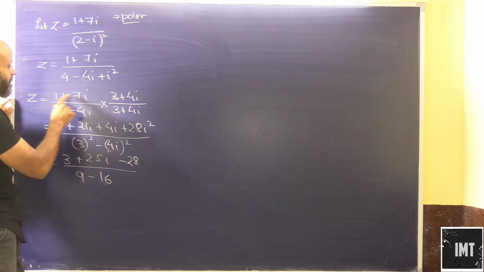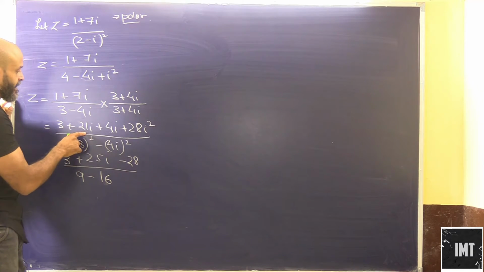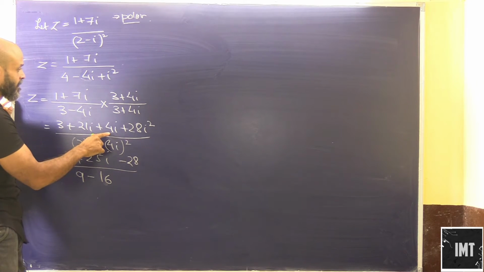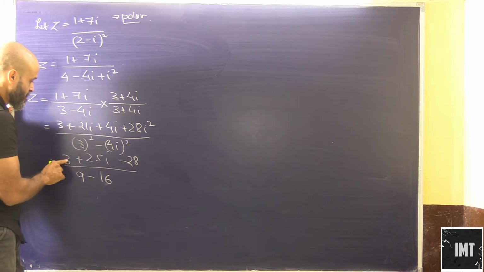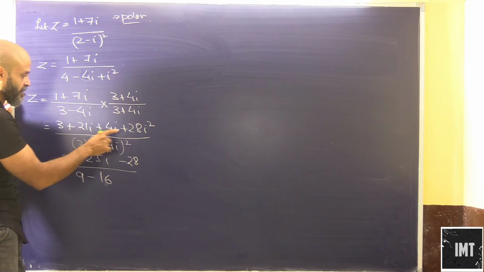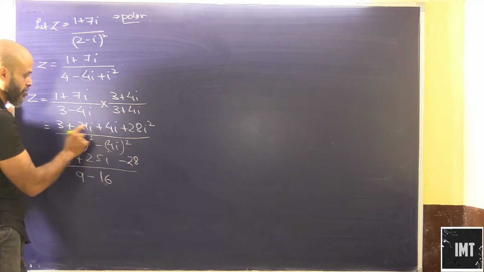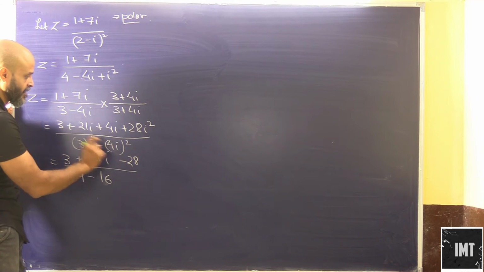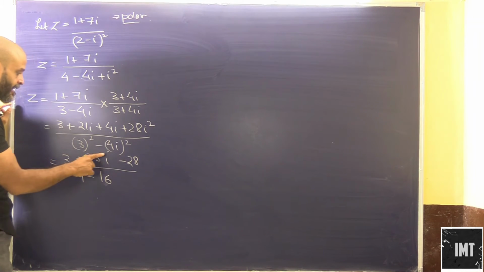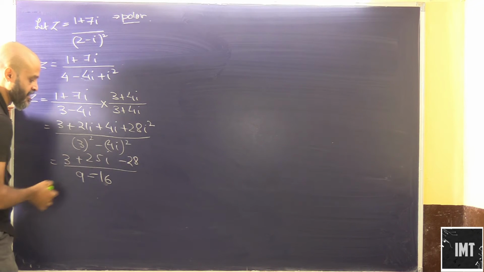Why are we getting this? 1 into 3 is 3, 21i, 4i, plus 28i square. Okay, so this will be 3 minus 28, and this will be 25i. Okay, 9 minus 16, because this is i square.